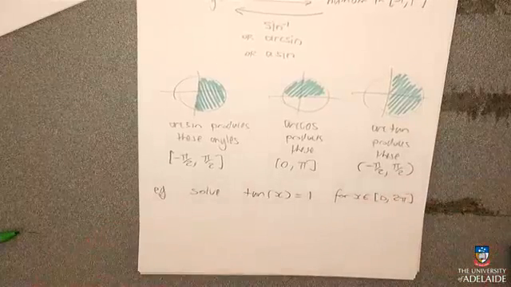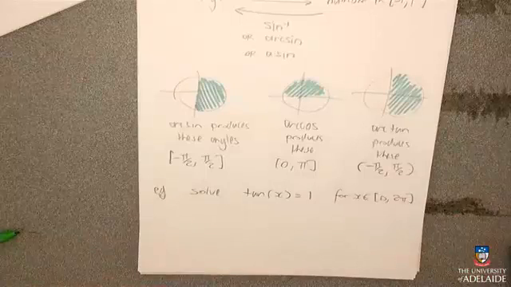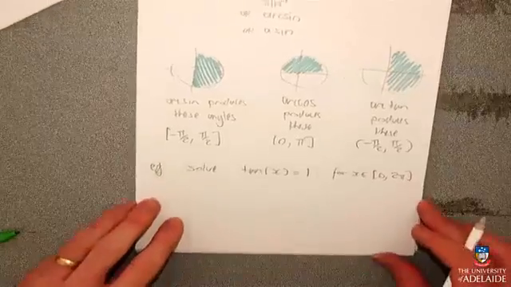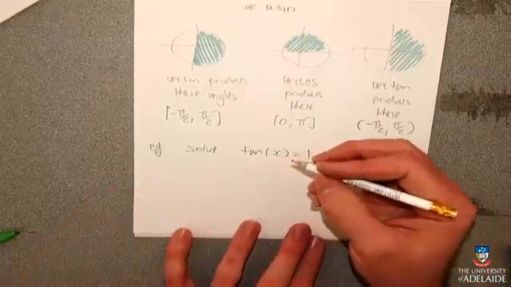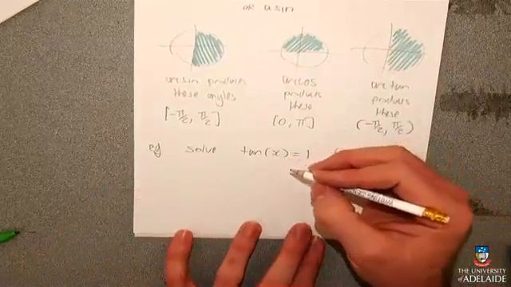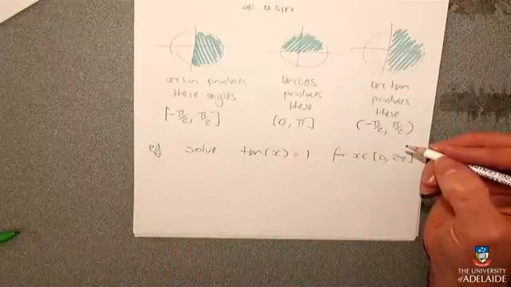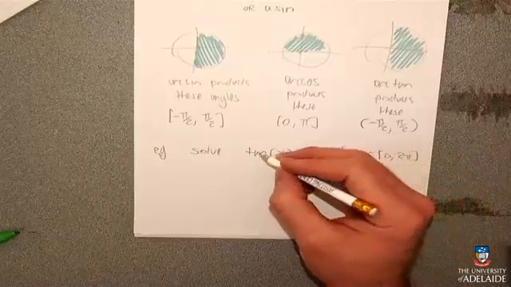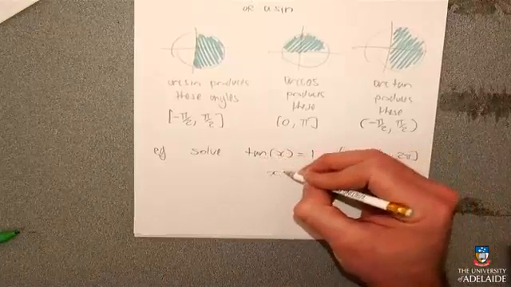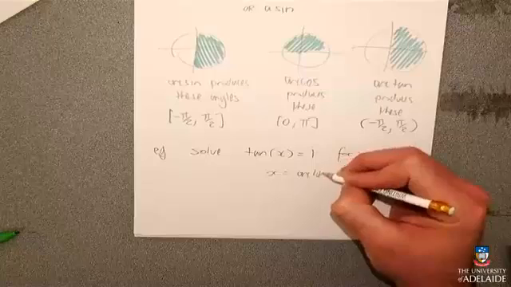So when I try to solve an equation with arc whatever, solve tan x is equal to 1 for x between 0 and 2 pi, I could say, well, x technically may or may not be equal to arctan of 1. But what you could think is you could do arctan on both sides, and so you go to x is equal to arctan of 1.